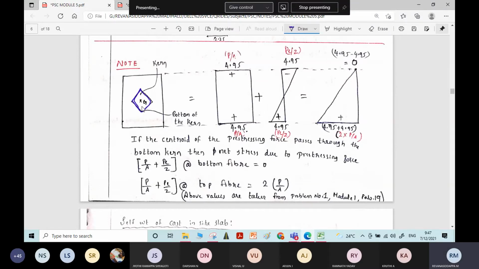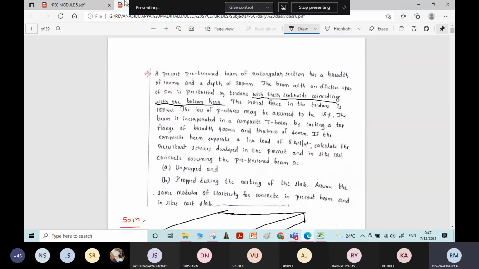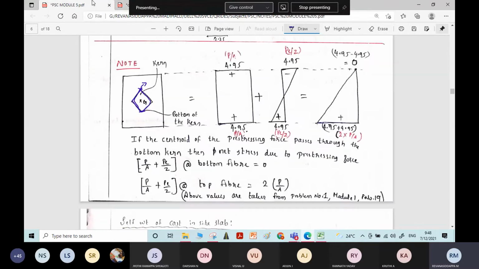This is called as kern portion. The bottom of this trapezium is called the bottom of the kern, and this is the top of the kern. In the problem it is said that the centroid of the pre-stressing force is coinciding with the bottom kern.